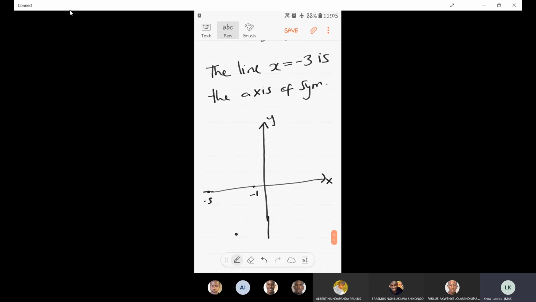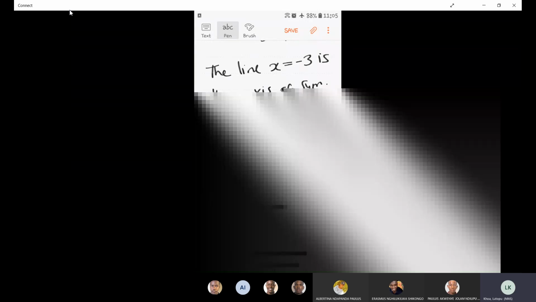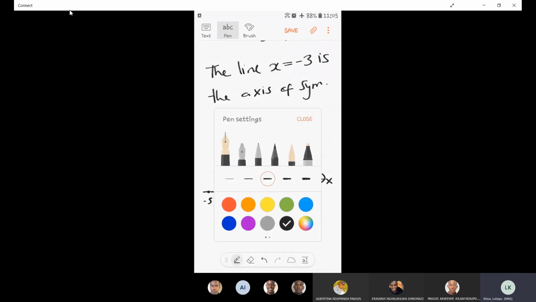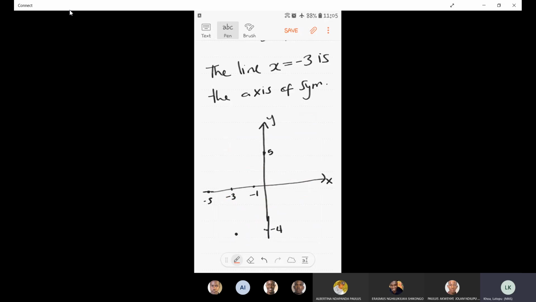So that's maybe somewhere here. This point here will be minus 4. This is minus 3. And my y-intercept was at 5. So maybe somewhere over there. This is 5. Then I connect all these points using a smooth parabola.